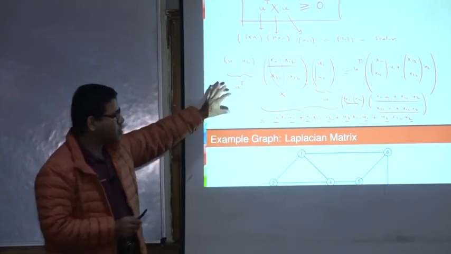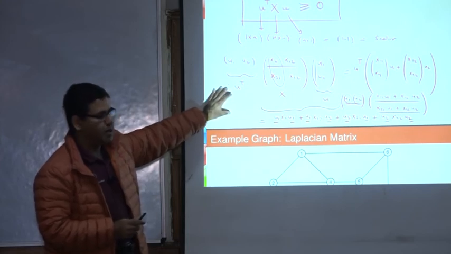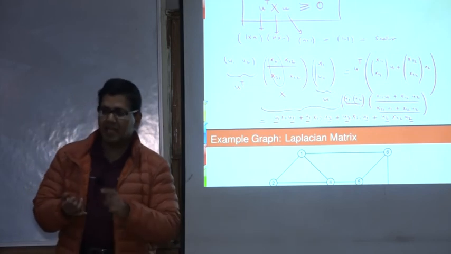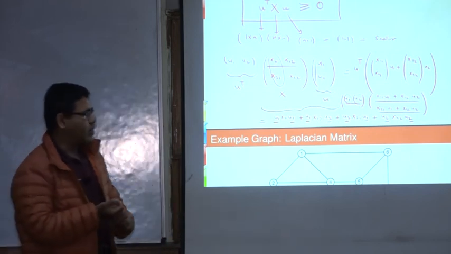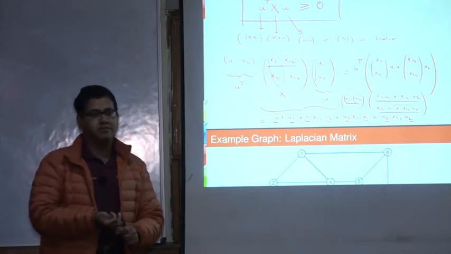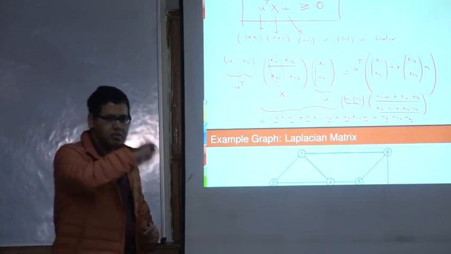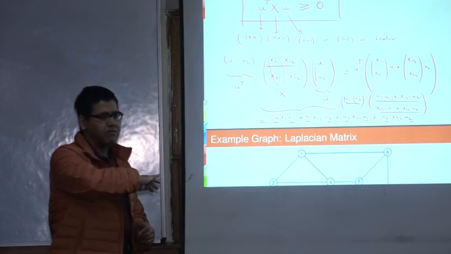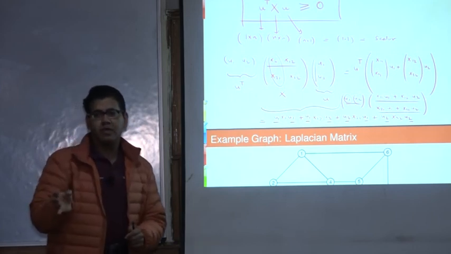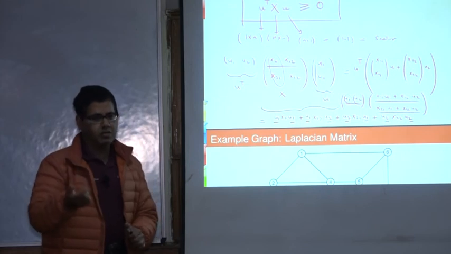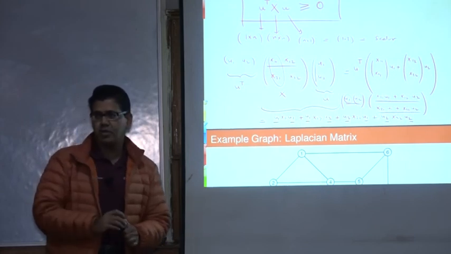The consequence of this property, the fact that it's positive semi-definite, is that it has very nice properties: your eigenvalues are all non-negative. So you cannot have any negative eigenvalue. And the fact that it is a symmetric matrix will mean that you have only real values. Because normally when you take a matrix and compute the eigenvalues, complex values can come up.